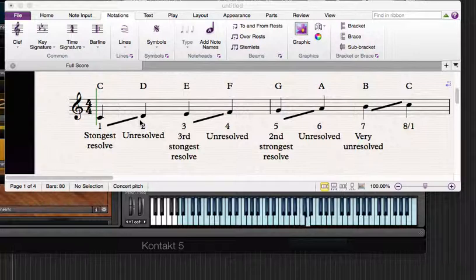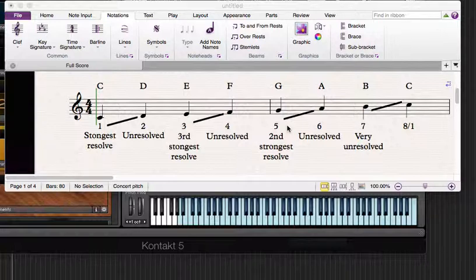That's the reason why when we get to the end, it sounds finished, right? Because it's the strongest resolve. The next one is actually the 5 in the triad, which is, in this case, the G. That has the second strongest sense of finish. The third one is the 3, the E in this case, which has the third strongest sense of resolve.